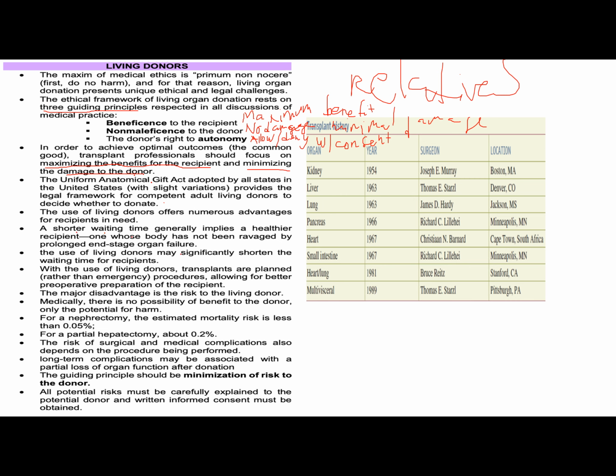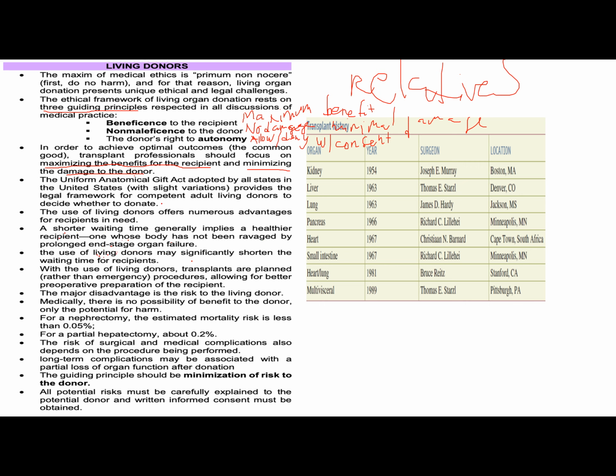This one, class: a shorter waiting time generally implies a healthier recipient, one whose body has not been ravaged by prolonged end stage organ failure. Then the use of living donors may significantly shorten the waiting time for recipients.